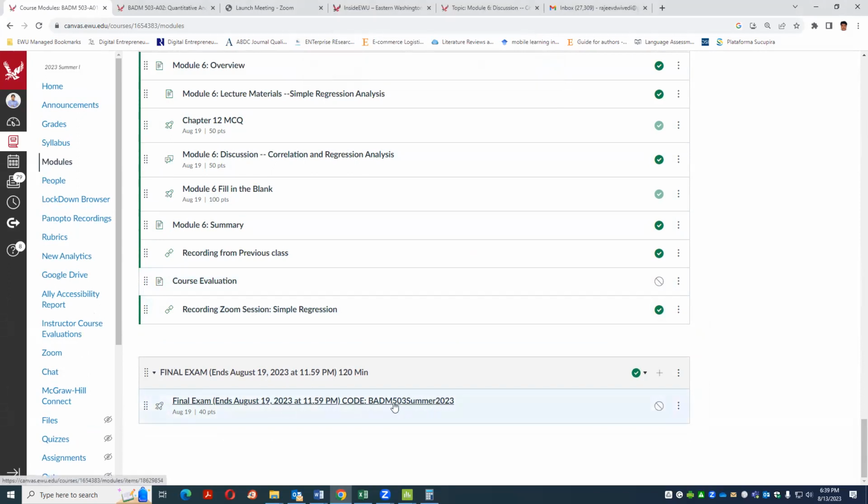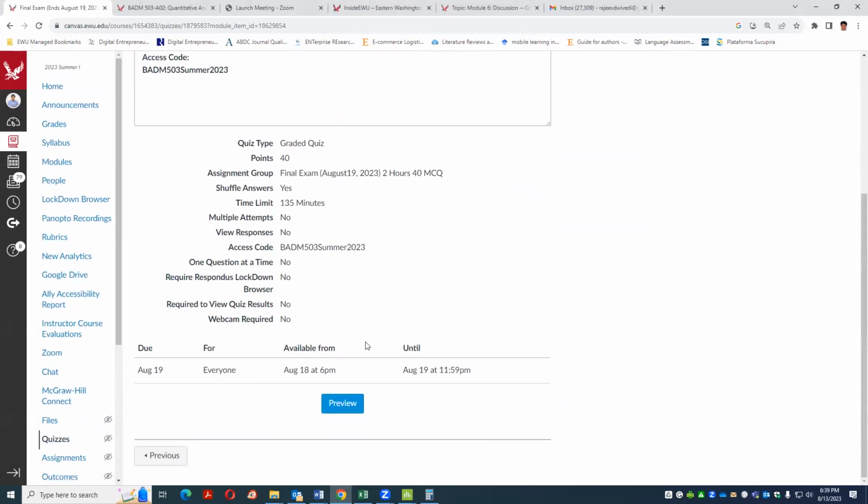Yes. The code is right here, BADM 503 summer 2023. Remember that it will open on August 18th at 6 p.m. and end on August 19th at 11. So you can finish anytime between this time, within 2 hours.